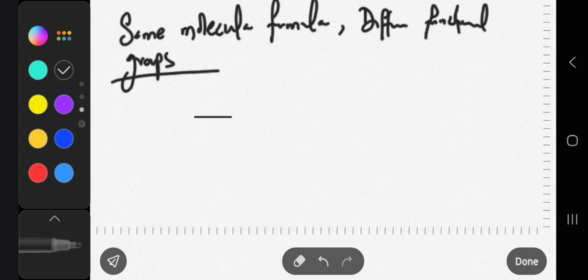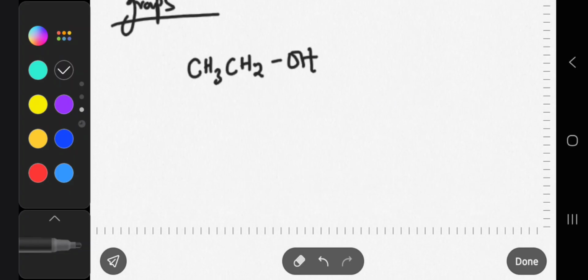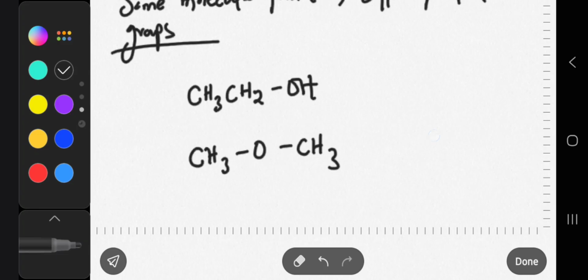So let's say we have ethanol, for example, CH3, CH2, OH. All right. Then we say we have ether. Ether is CH3, O, and CH3. Now look closely. We have how many carbons here? 2 carbons, 1 and 2.